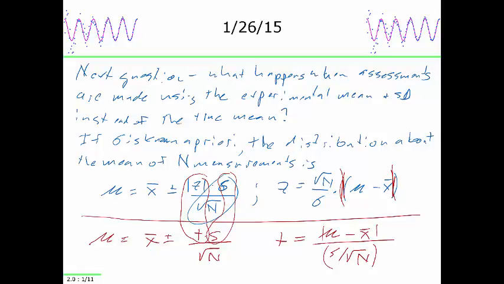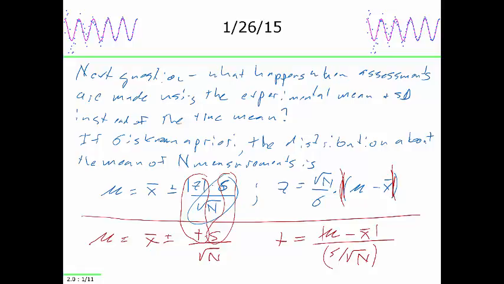Everyone feel okay with this substitution? So I don't really know anything about t just yet. But I know it's going to be analogous to z, but when using the experimental standard deviation instead of the true standard deviation. Yeah? Can you just write t in the exact same form that you wrote z? Yeah, I just put the n in the denominator, but if you like that more, then let's do it that way.